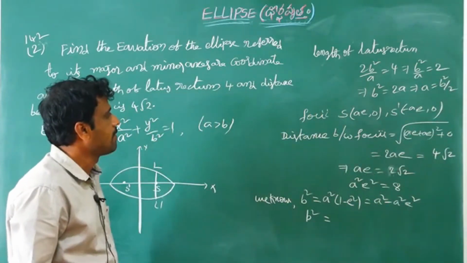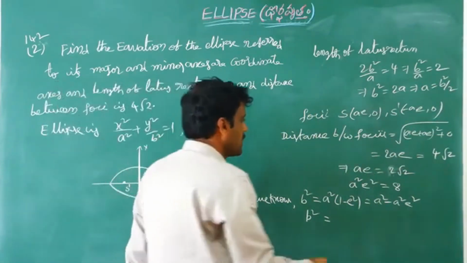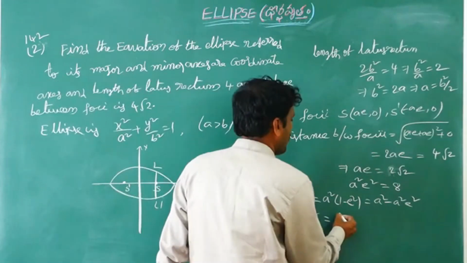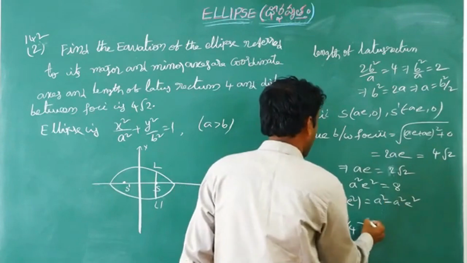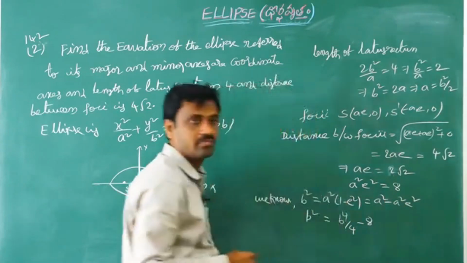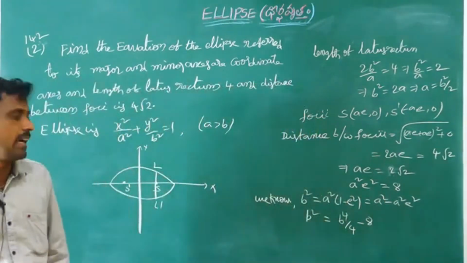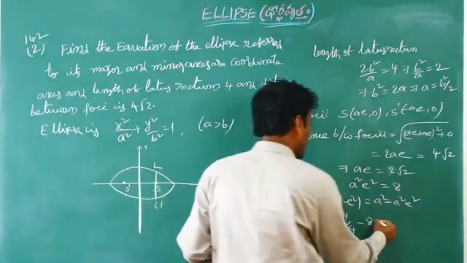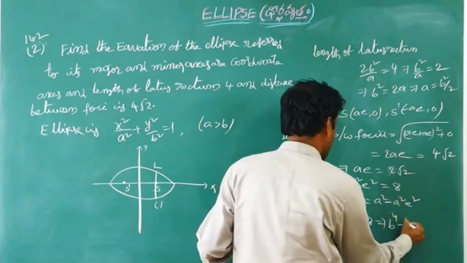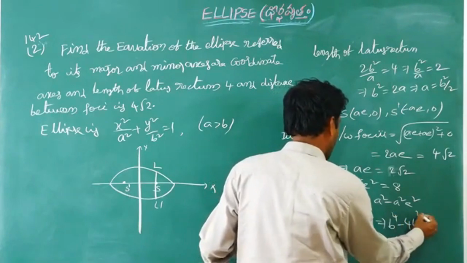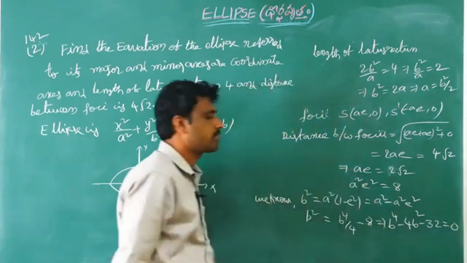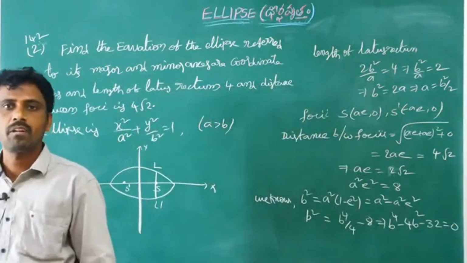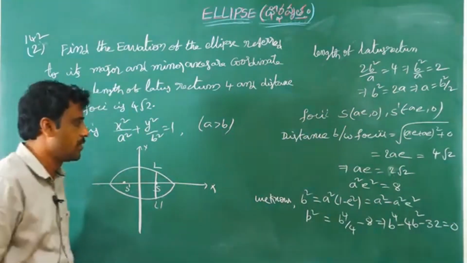That is a square equals b power 4 by 4, minus a square e square, which is 8. That implies b power 4 minus 4b square minus 32 equal to 0.